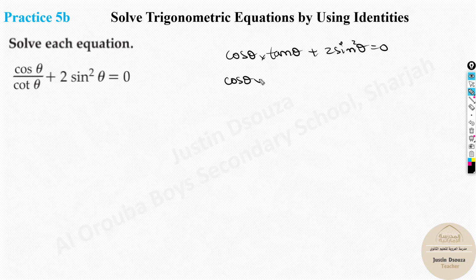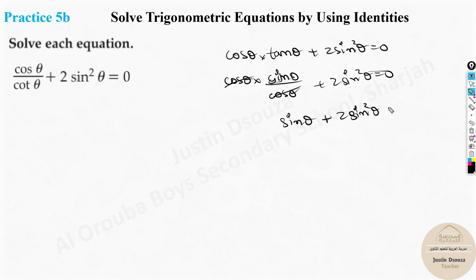And now you can do cos theta into sine theta divided by cos theta plus 2 sine square theta equals 0. Now what is this? Sine theta plus 2 sine square theta equals 0. Now we can easily remove sine theta outside. Sine theta will be here, 1 plus 2 sine theta equals 0.